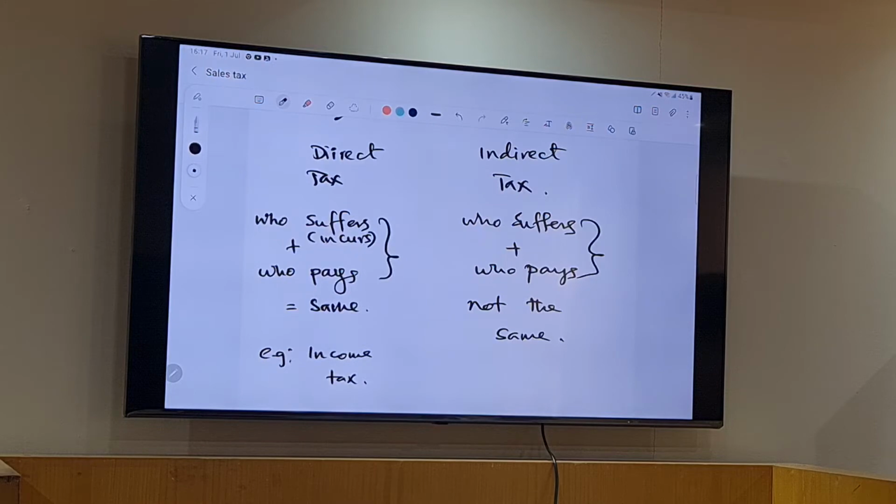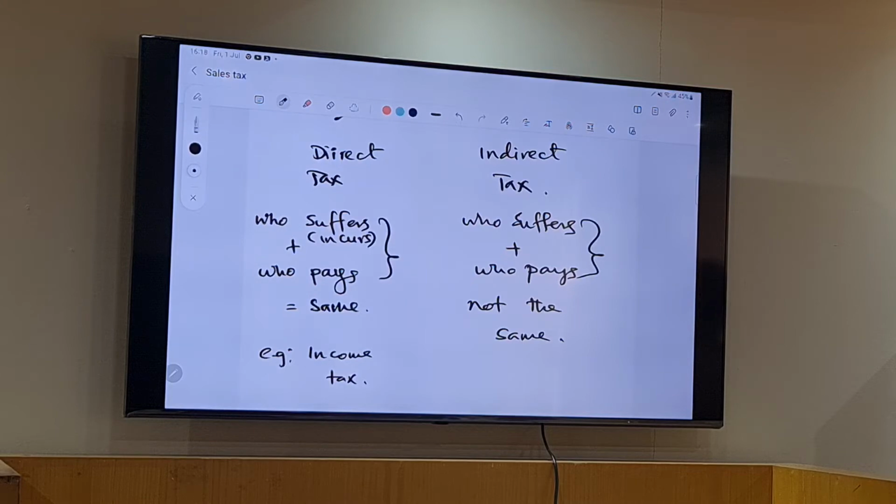You are giving it to whom? To the shopman. Are you going to the department and paying this? No. Who will pay that money to the department? The shopman. So the customer is suffering that additional 10%, but the customer is not paying that to the department. The customer has no idea what the income tax department is.